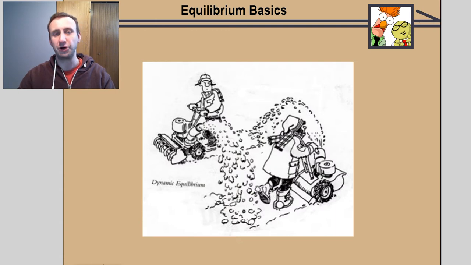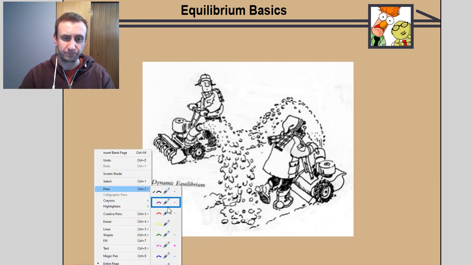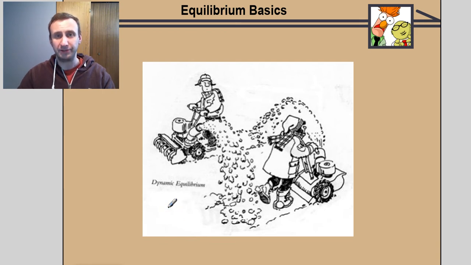So when we think about the term dynamic equilibrium, it almost seems opposite, right? Dynamic, like an oxymoron. Dynamic means changing. If you talk about a dynamic character in English, it's a character that goes through changes as the story happens. And then equilibrium means like equal. So dynamic equilibrium means that the actual chemical particles are changing.